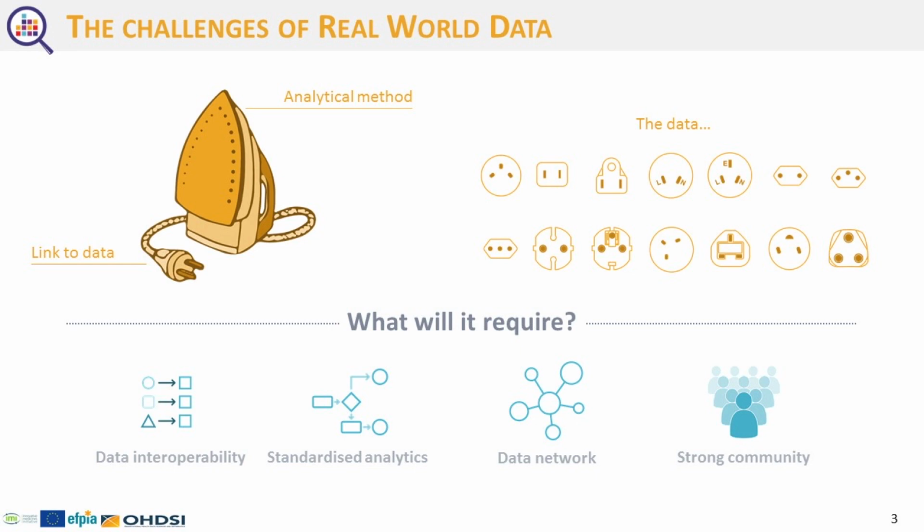Now, the challenge of observational data, and especially doing multi-database studies, is that when we build a tool, like this iron here, and we want to apply it on our data, we see this problem. That we have different adapters, right? I notice it when I travel, this problem. But it's definitely true for data.